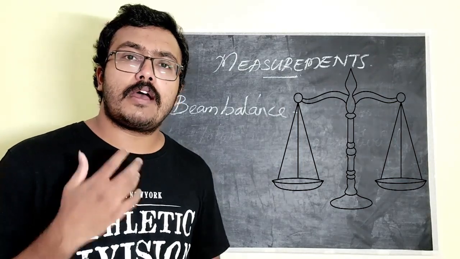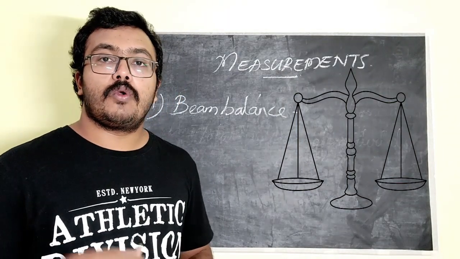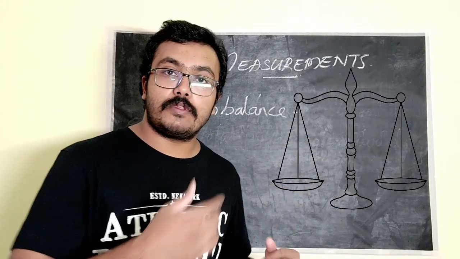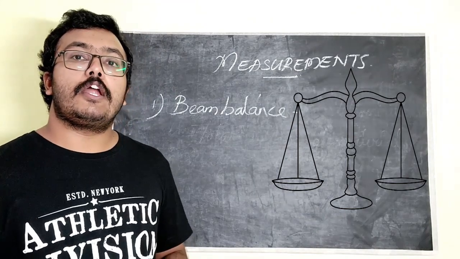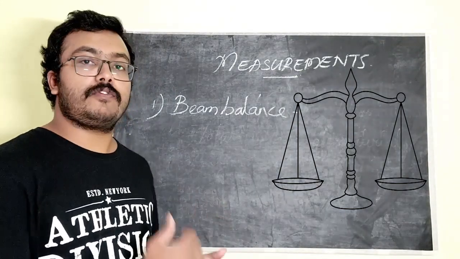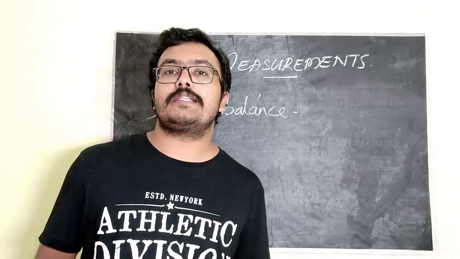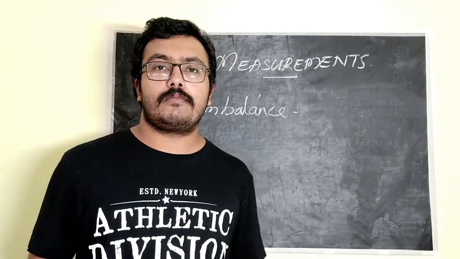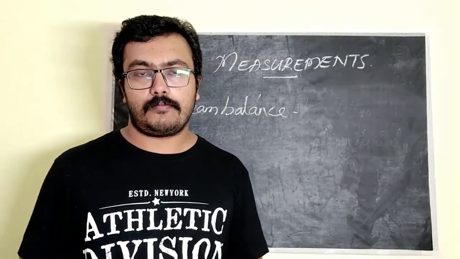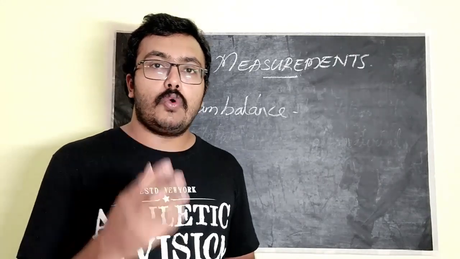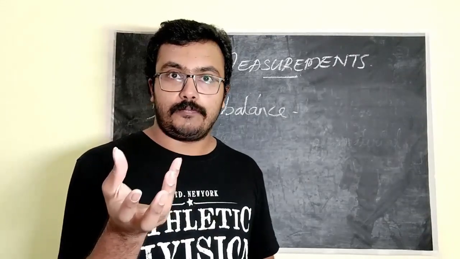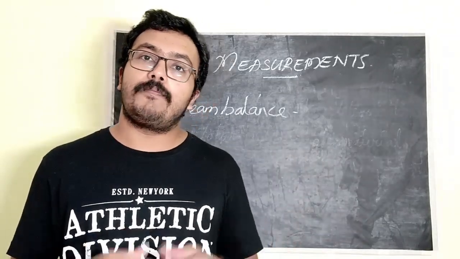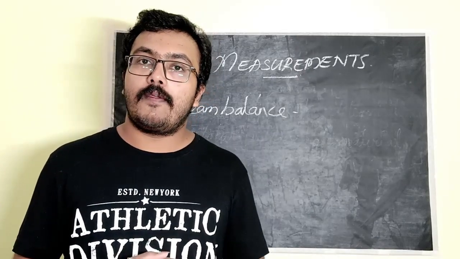Now, in order to determine the mass of an unknown quantity, first we place the unknown quantity on one side of the pan, and a known mass is kept on the other side. When both the pans become equal, suppose you are buying a vegetable that weighs around 2 kg. A known mass of 2 kg, a stone, will be kept on one side of the pan, and on the other side the vegetable which you are buying will be weighed.